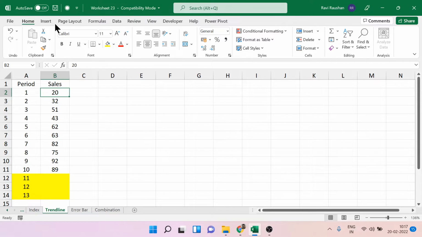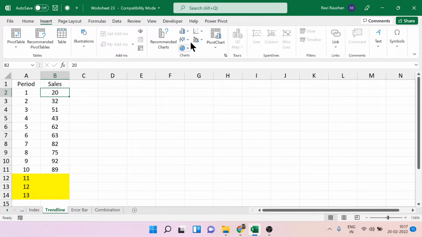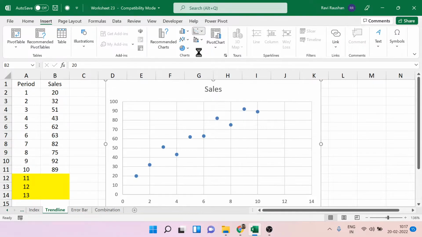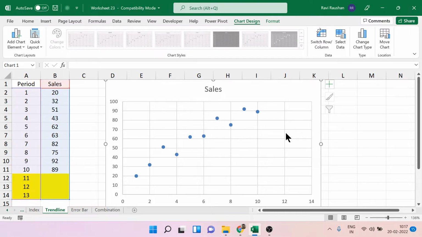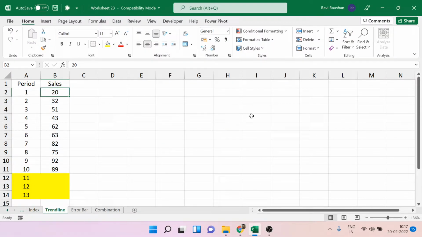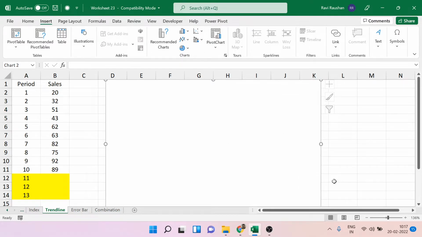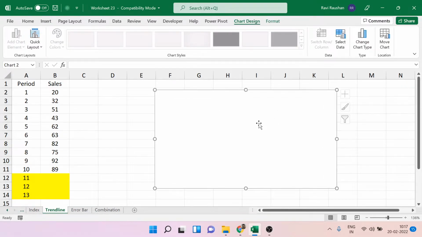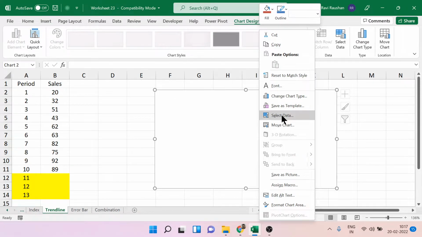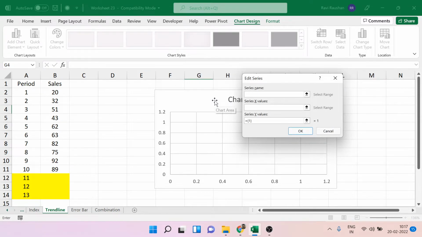So now here again I insert, and I choose a scatter plot. The mistake that I have done is, I delete this, click anywhere blank, and choose a scatter plot. So when I choose the scatter plot, I right click, click on select data, click on add, and click on sales.